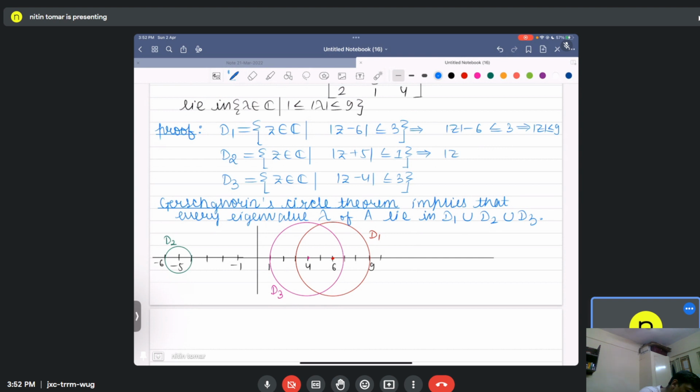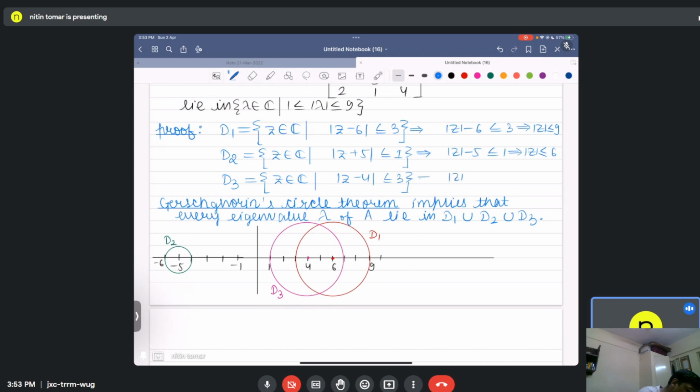Here you will have 5 minus mod z less than or equal to 1, so mod z minus 5 is less than 1. Again this will imply mod z less than 6.